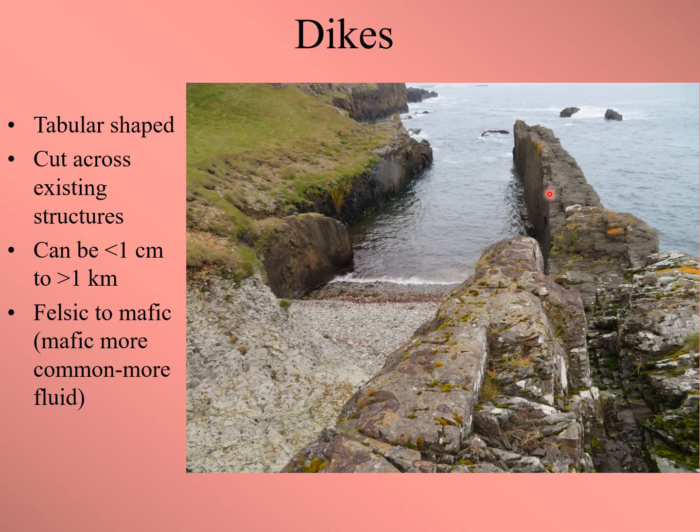And so we see dikes exposed oftentimes when we're looking at plutonic features. We see a lot of dikes. I saw some awesome ones in Colorado, but anywhere where there's plutonic activity and even volcanic activity to some extent, you often see these dikes exposed like this, and they look like a wall. They look like something that a human had built.